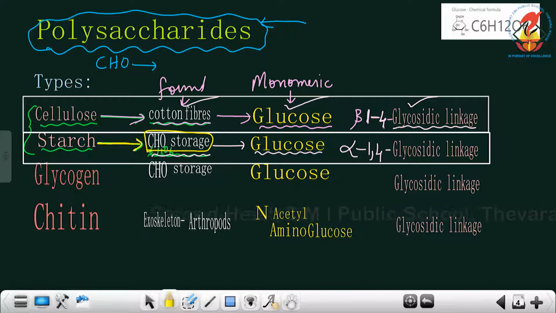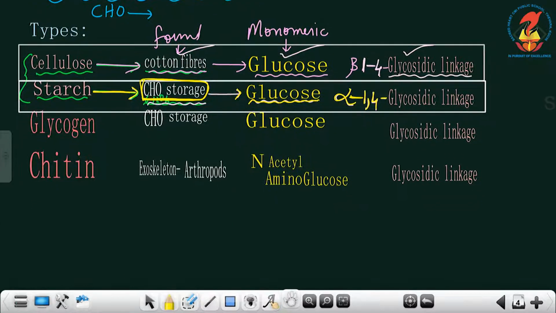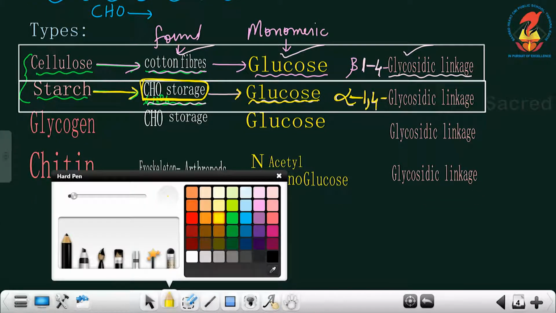So we can say glucose stored form is called starch in plants, and the monomeric unit is glucose, and the glucose monomers are interconnected by the glycosidic linkage alpha-1,4 glycosidic linkage.